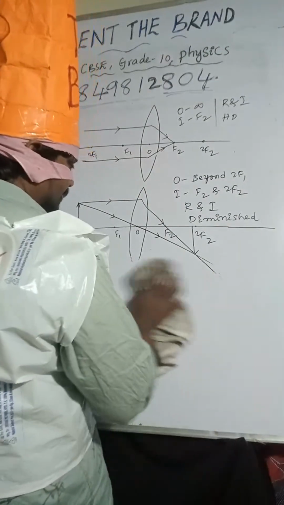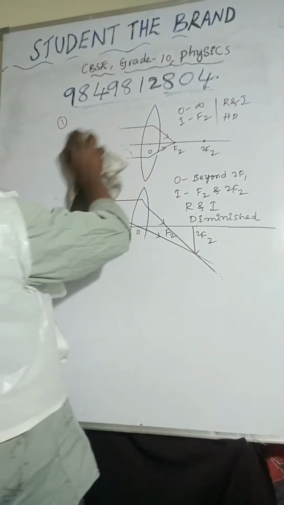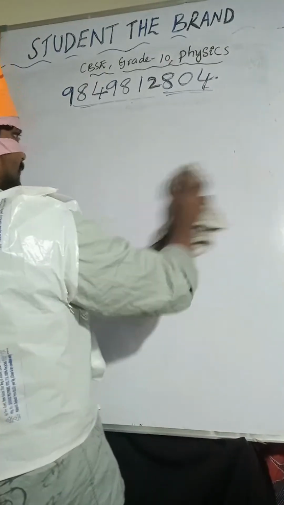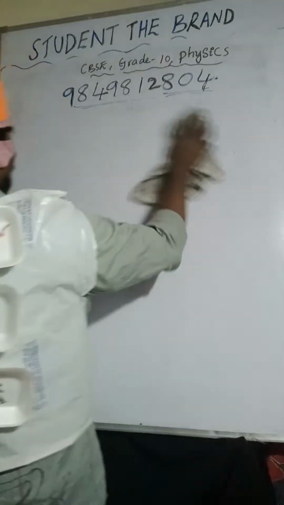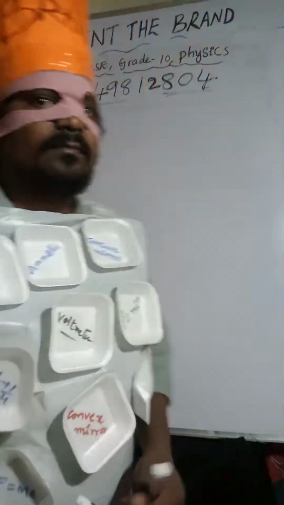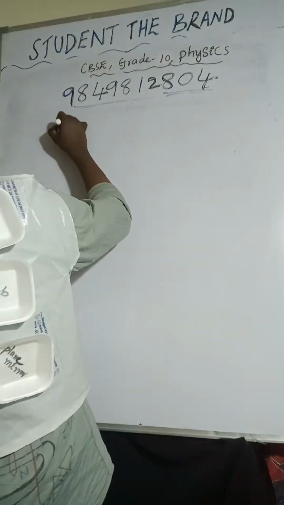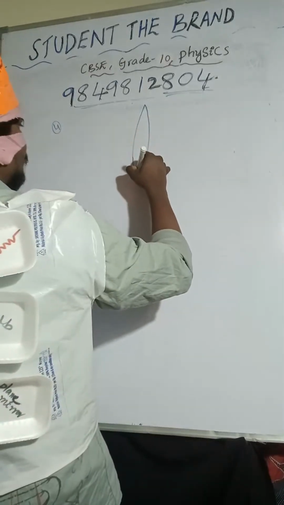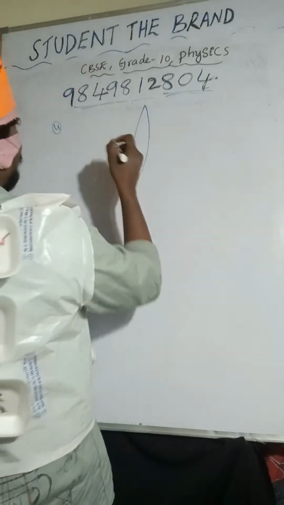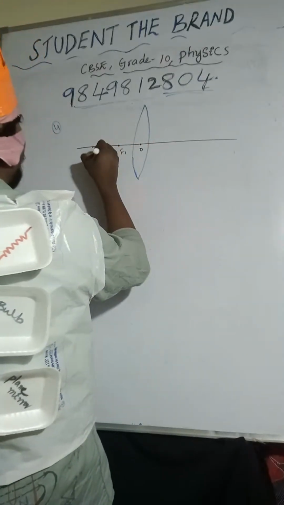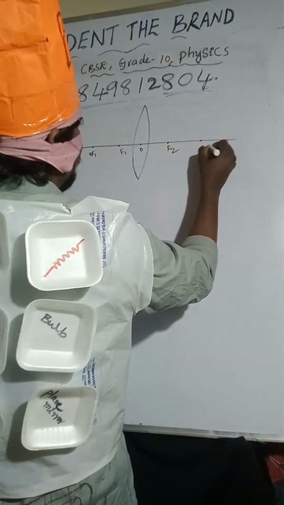So f2, f1 completed. Now object is placed, f1, 2f1, f2, 2f2.